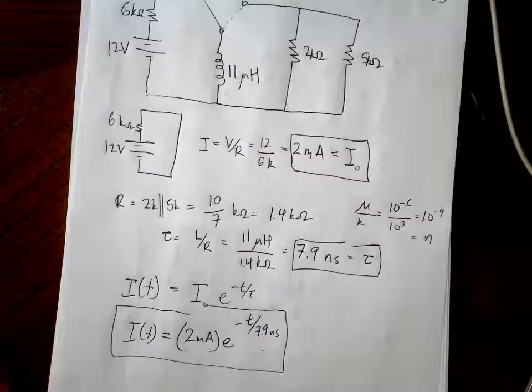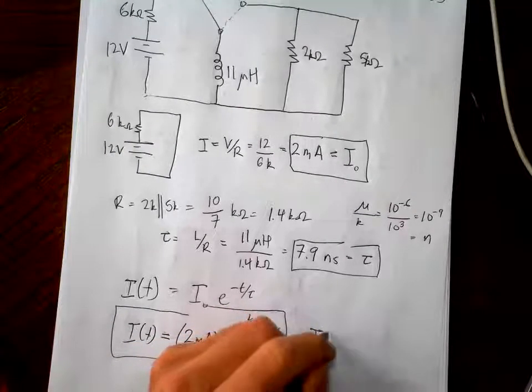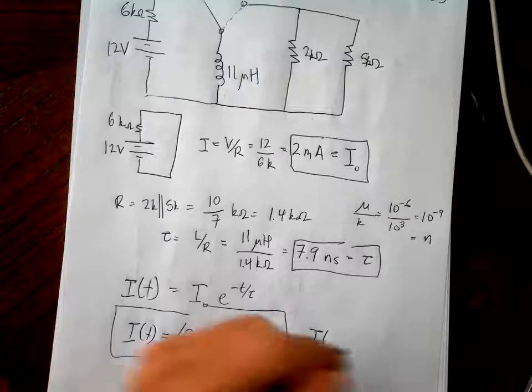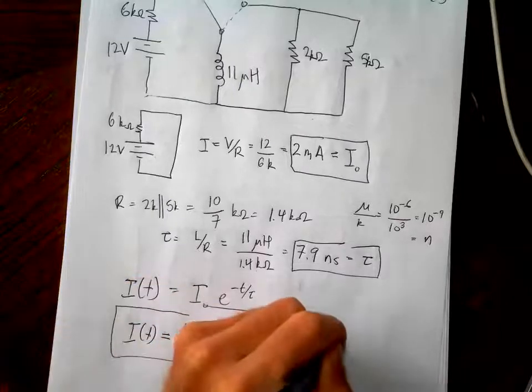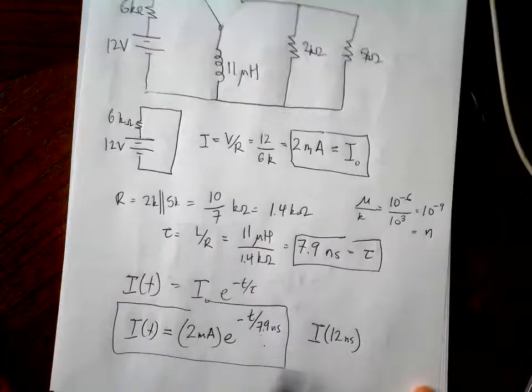But maybe we want to ask the question, well, how much current is flowing through the inductor after, I don't know, 12 nanoseconds? That makes sense because 12 nanoseconds is comparable to the time constant, okay? If this time is too large compared to the time constant, then you're going to have a current of 0.